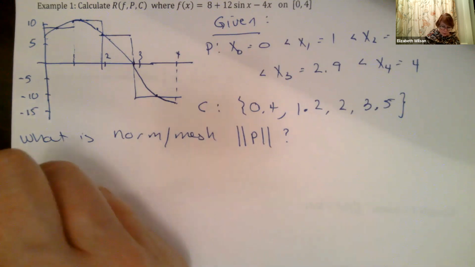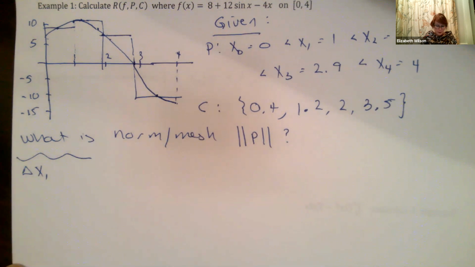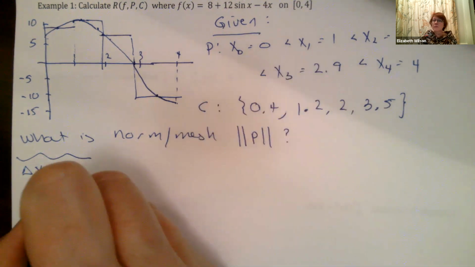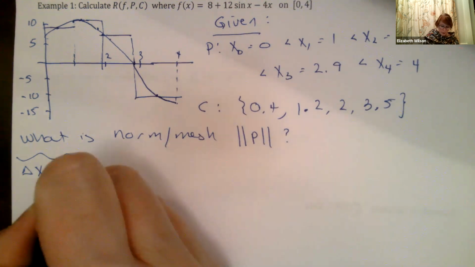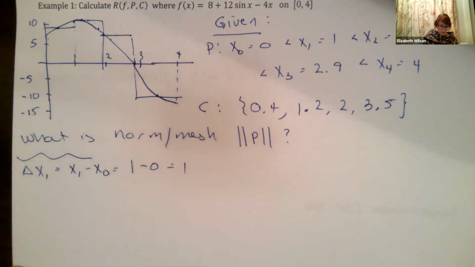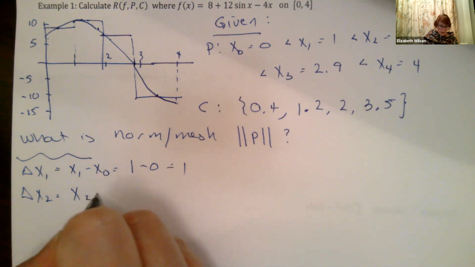Okay, so let's think about our solution. My first step is I need to calculate my delta x's, right? So my delta x1 is going to be x1 minus x0, so x1, that's equal to 1. Delta x2, that's going to be x2 minus x1.